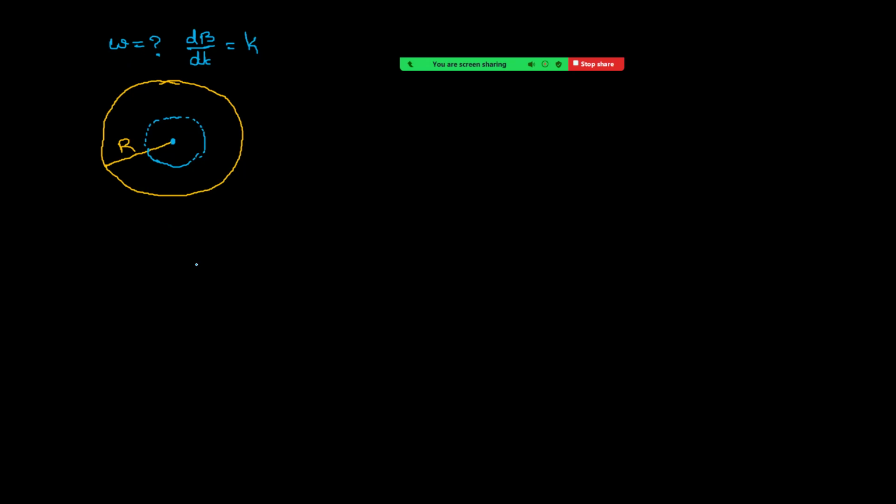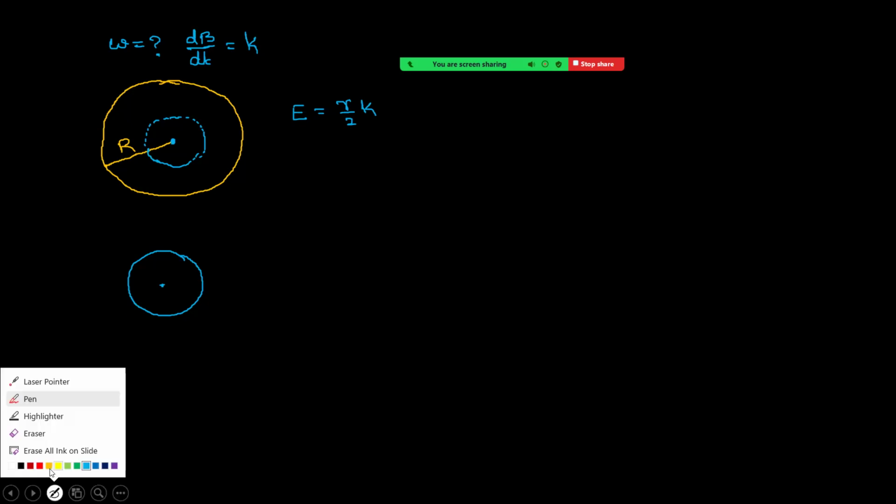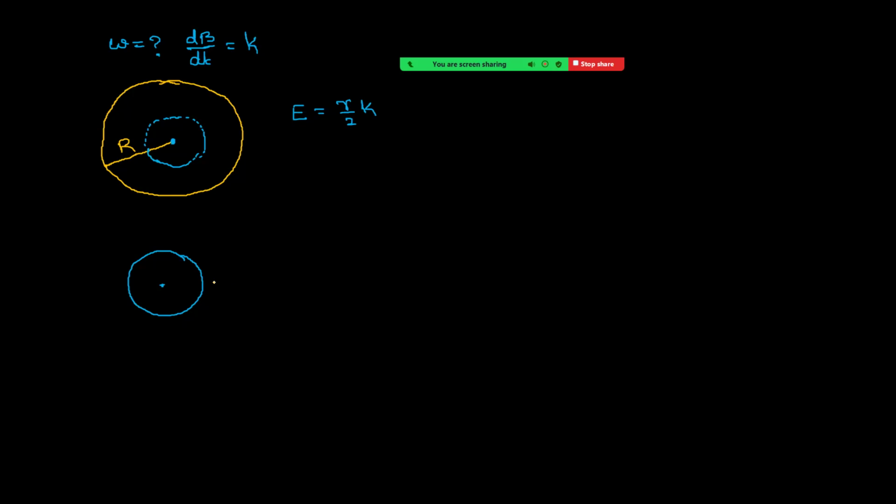So I'm taking the loop separately. And just now we have learned, right, the strength of the electric field inside, that is equal to r by 2 into dB by dt, that is taken as k. Now I am taking a small charge on the wire, taking a small charge on that wire, it is now dq.